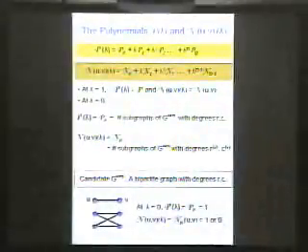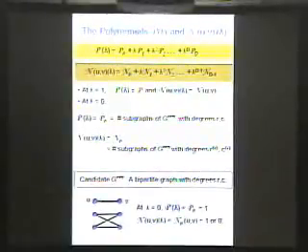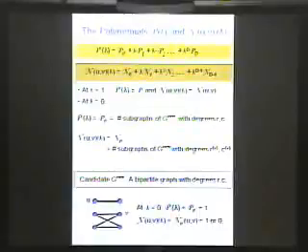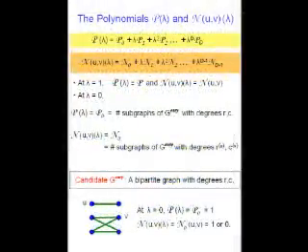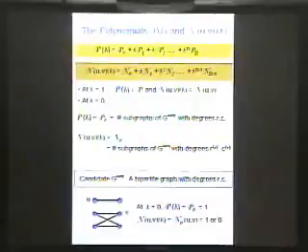I claim that in this case, the number of subgraphs with the deficient degree sequence is either 1 or 0. If the edge UV is present, then it's 1, because you just delete the edge, and you have to argue there aren't any other graphs. But if the edge UV is not present, then in fact you can verify that there are no subgraphs. So now we've come up with a graph where we can compute the values of these polynomials explicitly.